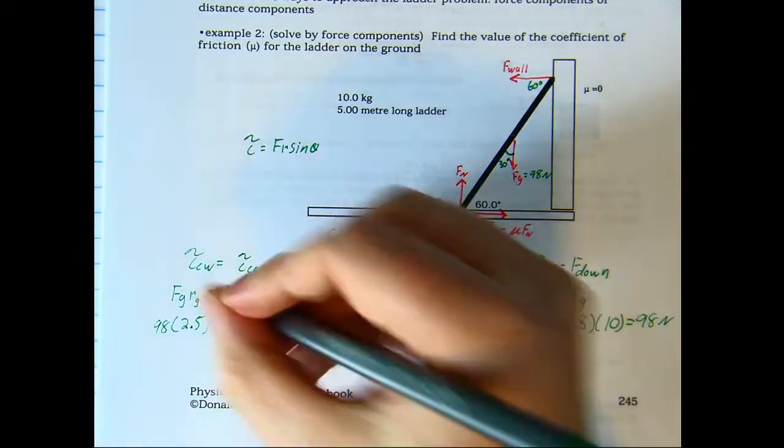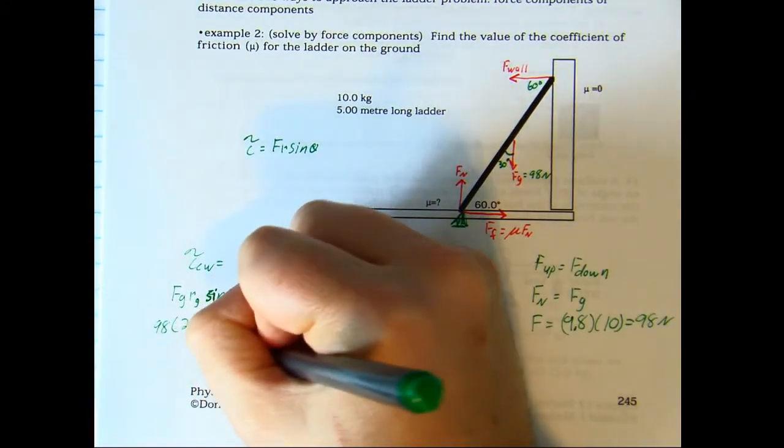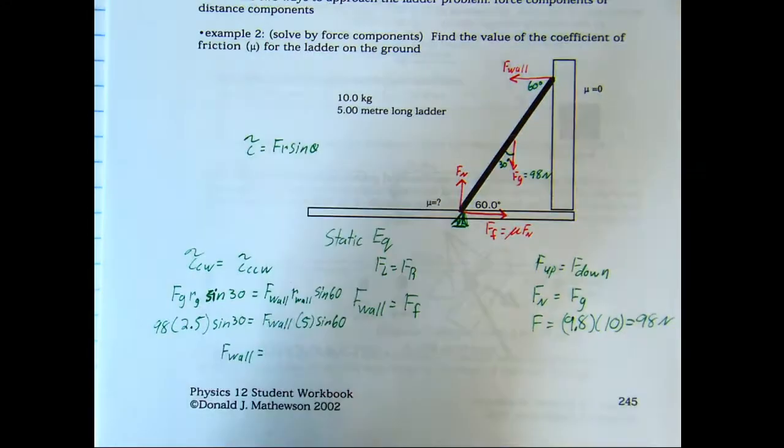The only thing we're missing is F wall, so the force from the wall is going to be 98 times 2.5 sine 30 divided by 5 divided by sine 60.